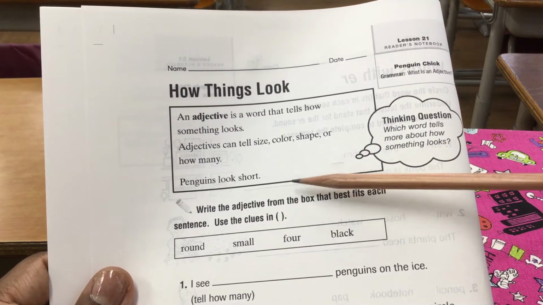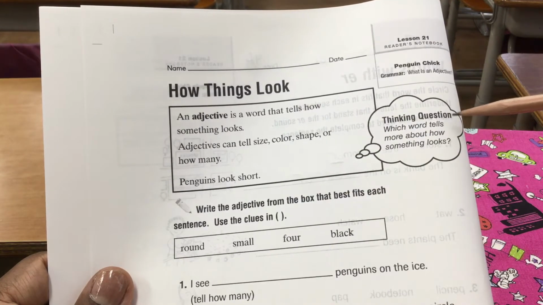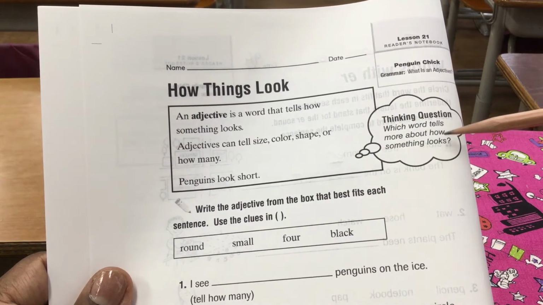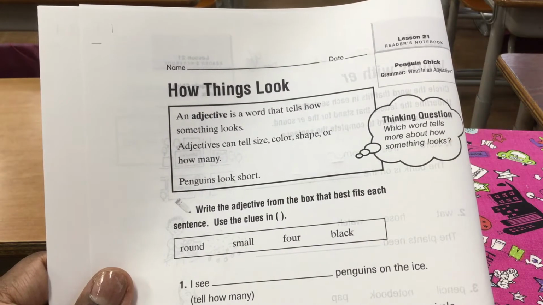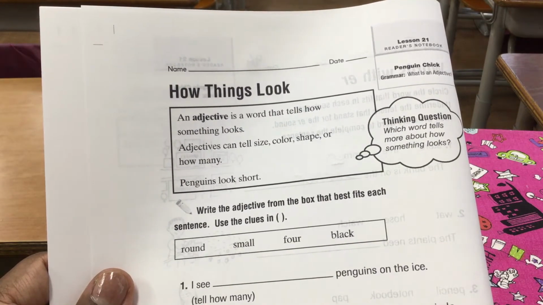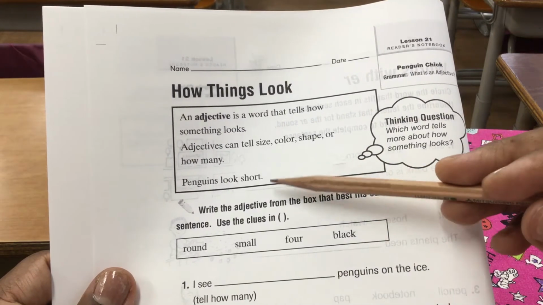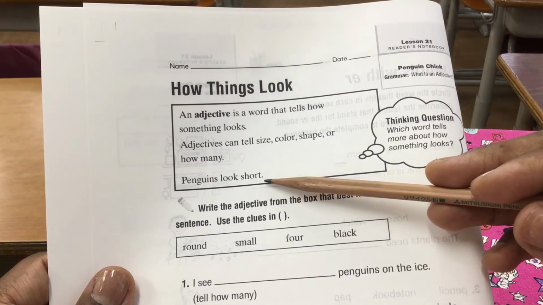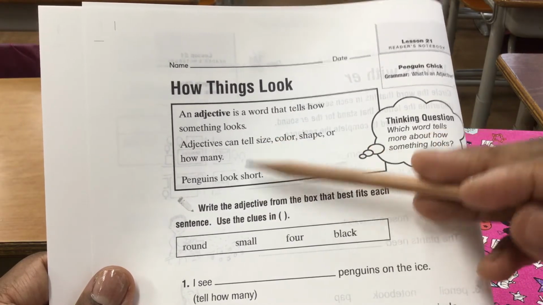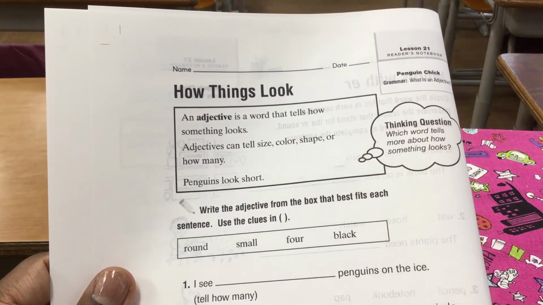Penguins look short. Here's our thinking question. Which word tells more about how something looks? In our sentence here, our adjective is short. It's describing the size of the penguins.